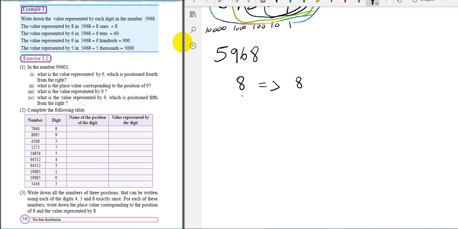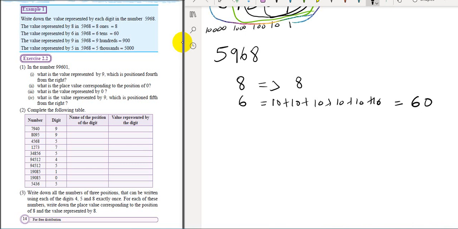Here 6 is in the second position, tens. So how many tens are here? 6 tens. 10, 20, 30, 40, 50, 60. So we call 60 the value of that digit.